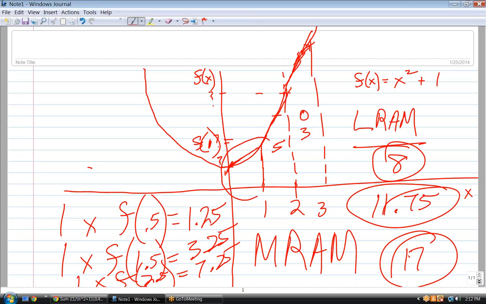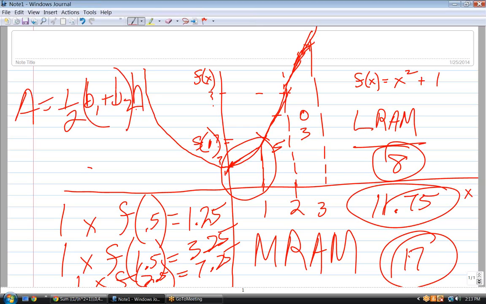And what's the area of a trapezoid? It's 1/2 base 1 plus base 2 times height. So this very first trapezoid there would have an area of what? 1/2 base 1 is f of, this is base 1 right there, that's base 2 right there, and the height is this distance here.